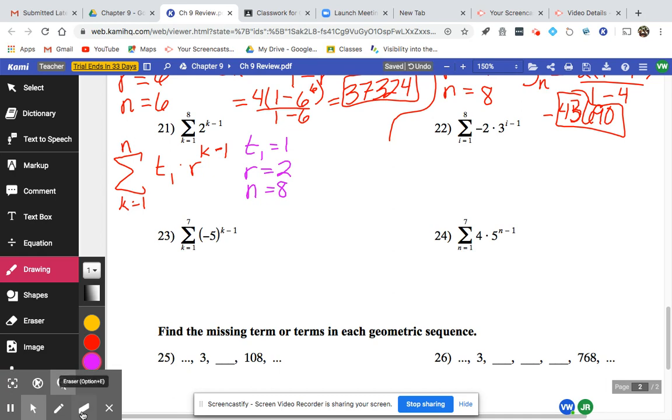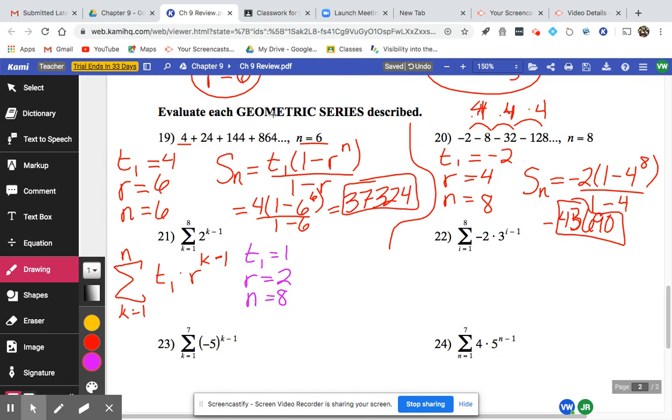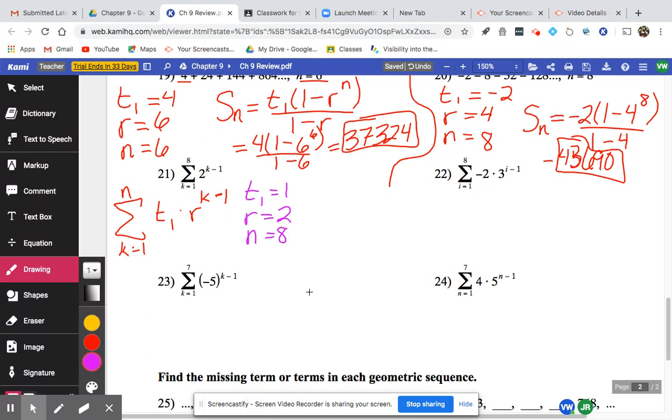And we're still going to use that same formula that I wrote right here. The Sn equals T1 times 1 minus r to the n over 1 minus r. Still using that same formula. So I'm going to try to write this as small as I can because I am running out of room.